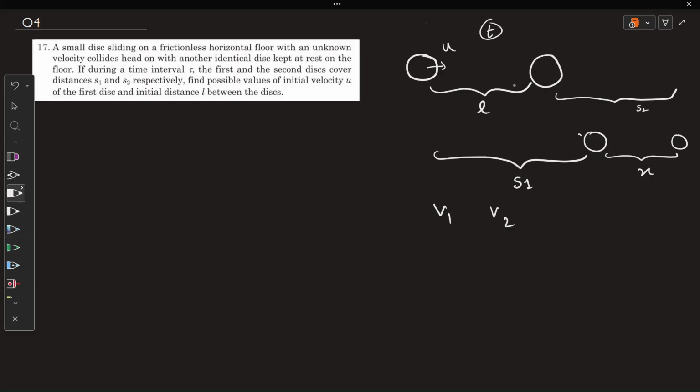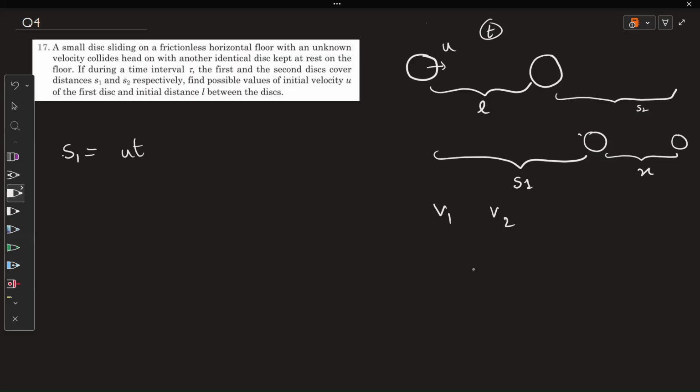Now, the total distance covered first, s1. Let's write the equation for s1. How are you going to cover s1? First, L can be written as u into t.